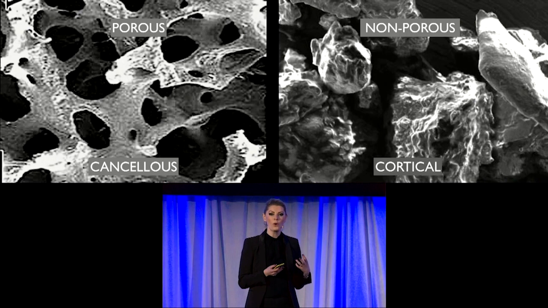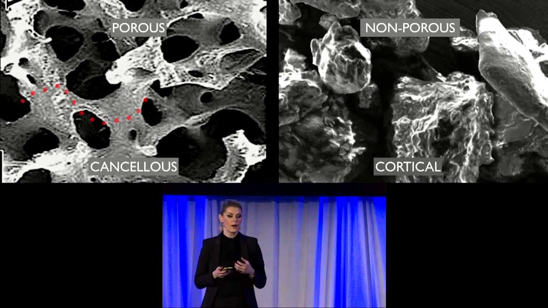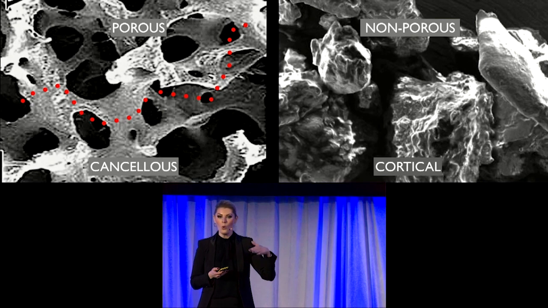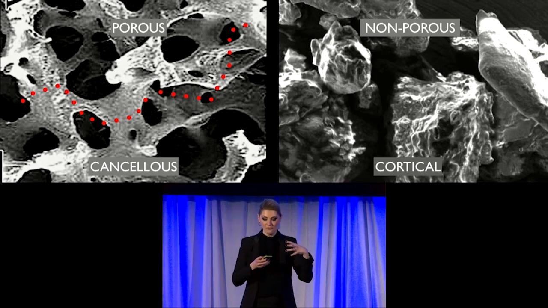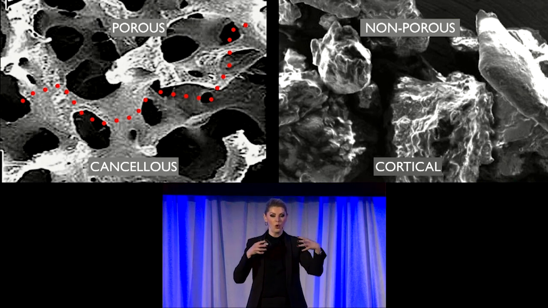Now, a porous graft is a graft that will basically allow blood to come in and go through all the pores inside of that graft and completely vascularize it, so be totally biologically viable.